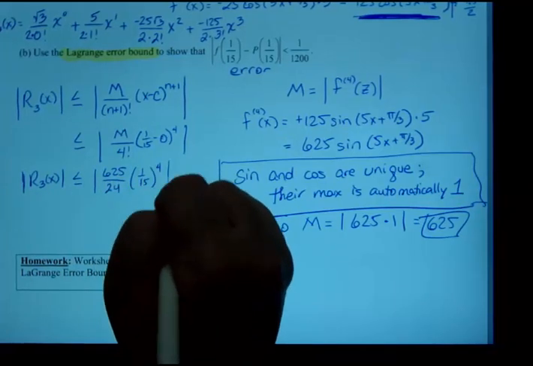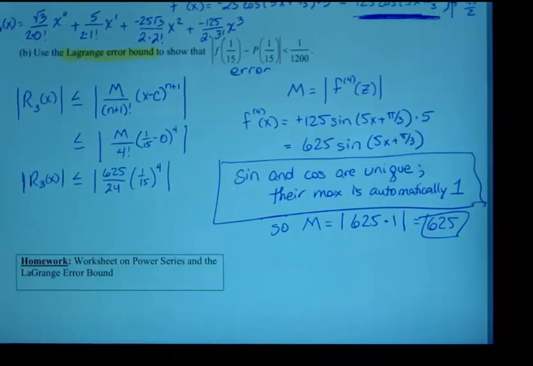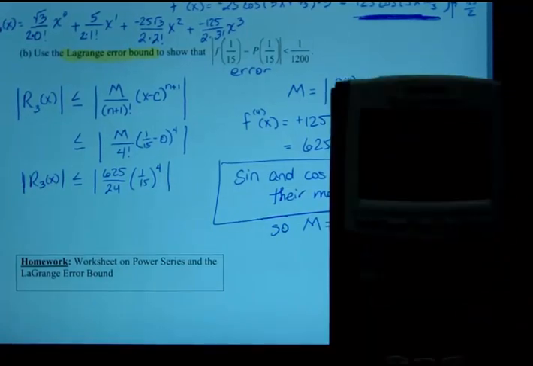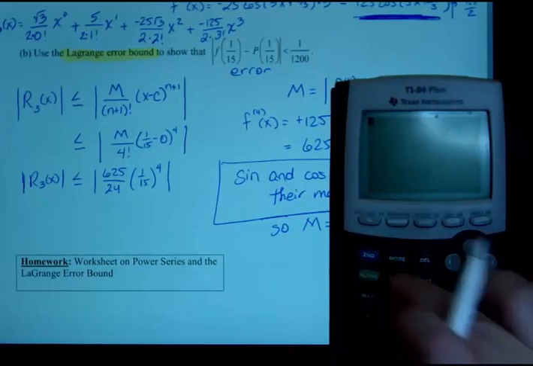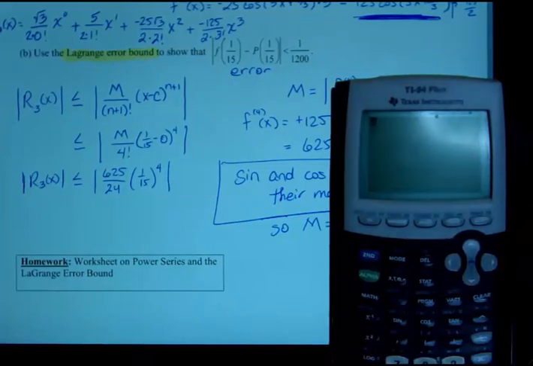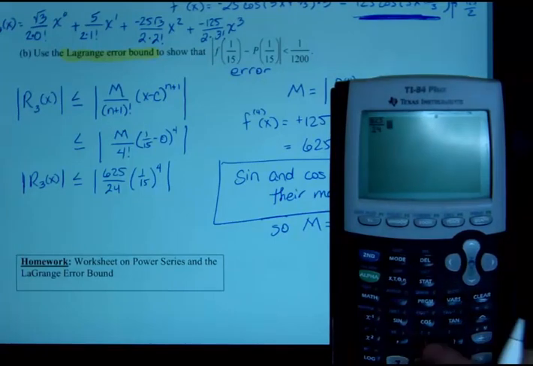Throw that in the calculator. Now this actually could be done without a calculator, and they may ask you to do that on the AP exam, but I'll talk about that later. 1 over 15 to the 4th power.